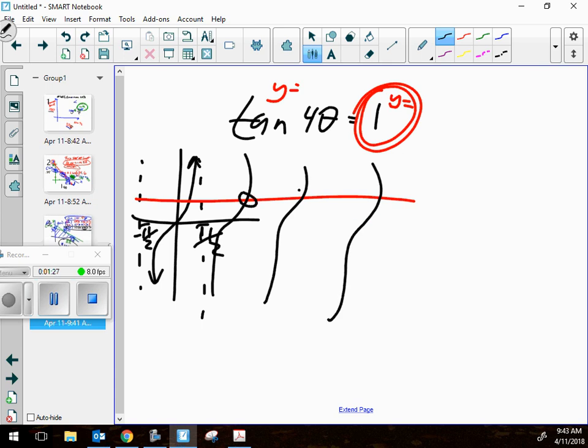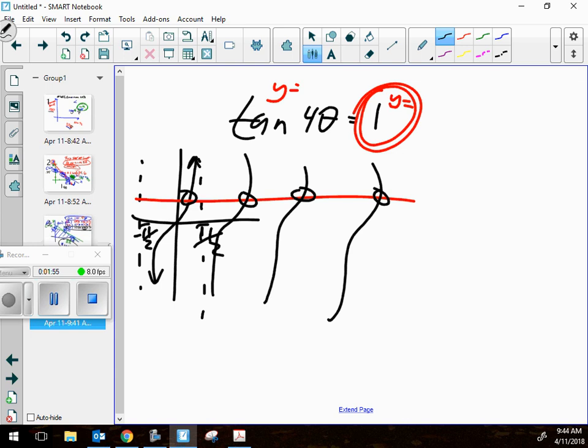And then there'll be a whole bunch of answers. So how many answers do you want? There's actually unlimited. You want all the answers up until it hits what? Good question. 2 pi? Yes, you're still going to want the answers through 2 pi. But what's special about tangent is you're not going to say plus 2 pi k, because tangent, you don't go over 2 pi to get the next answer.